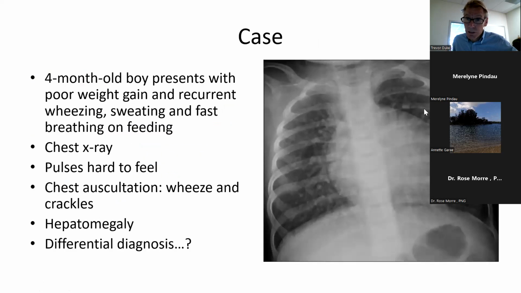What do you see when you have a look at this X-ray? Is it the typical X-ray of a baby who's got bronchiolitis? With bronchiolitis, you'd have a bit of hyperinflation.